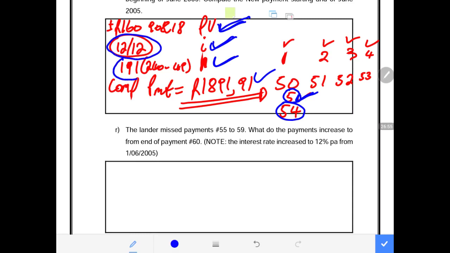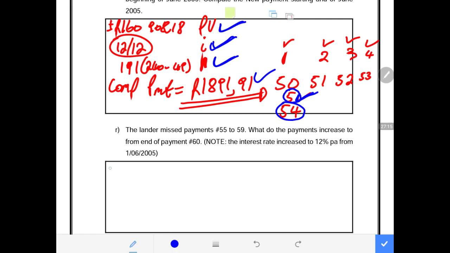That is supposed to be paid for 191 months, and this is the amount that is supposed to be paid. So that's what our calculator knows. We are speaking of the new annuity at the new interest rate of 12%.